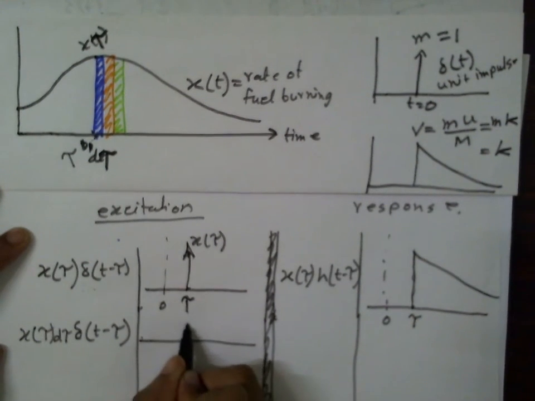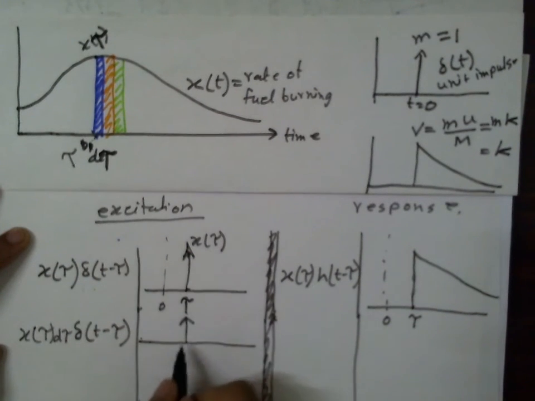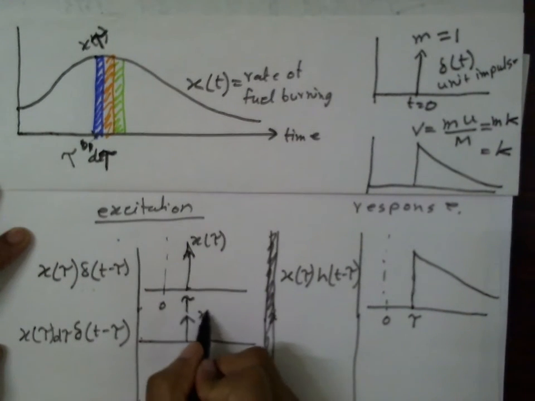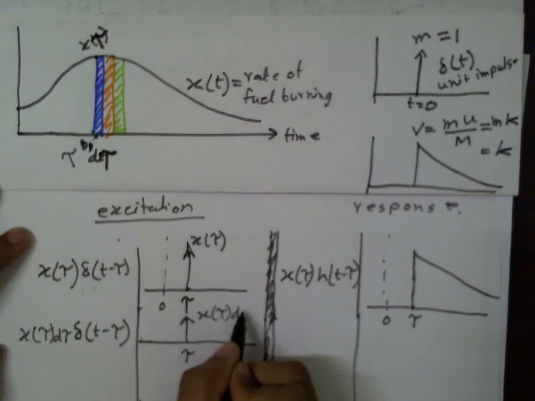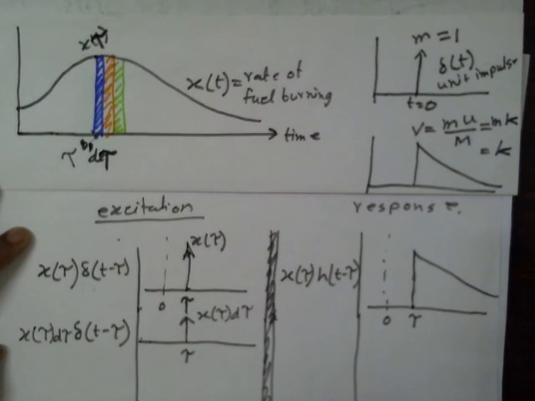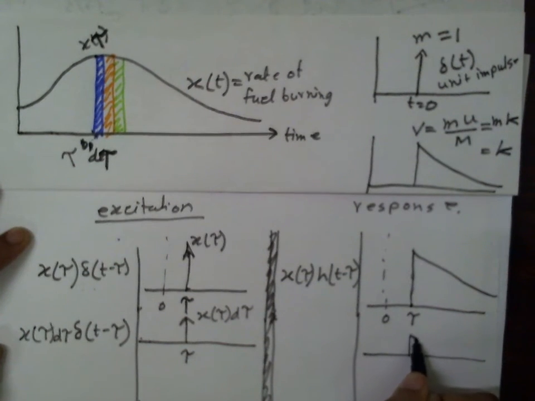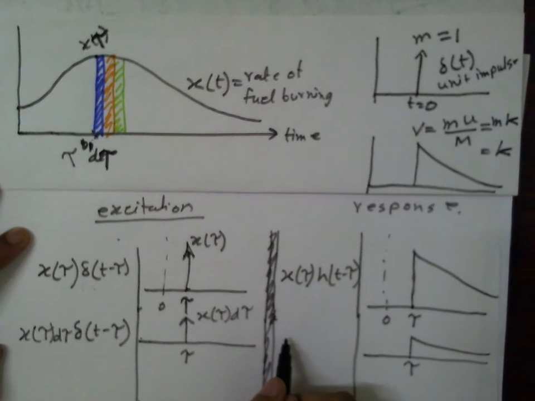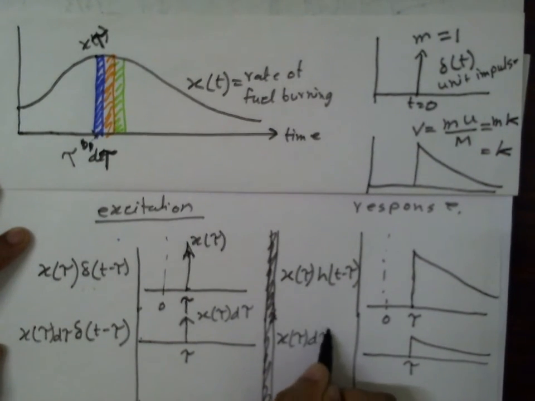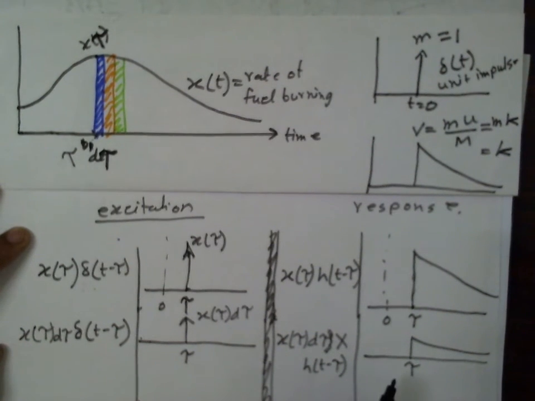At tau, this is non-zero and the value is x tau d tau. The response should again be like this. At tau it starts and the height should be scaled by x tau d tau. So x tau d tau times h t minus tau, the delayed h t, right?